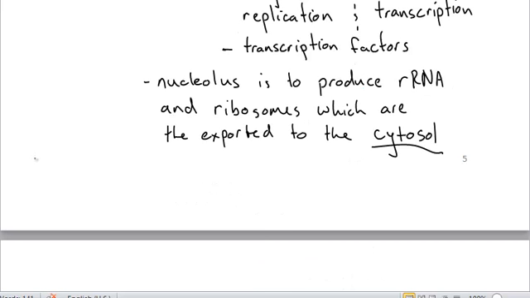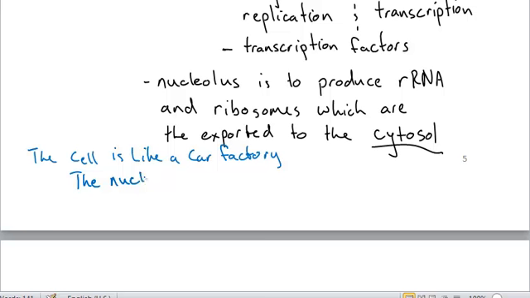So the nucleus, if the cell is like a car factory, the nucleus is like the control center and factory manager.